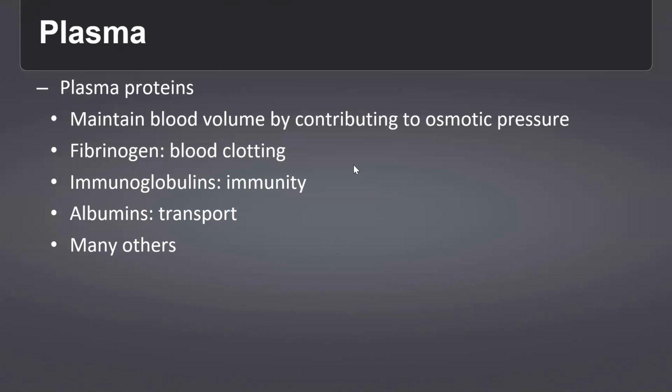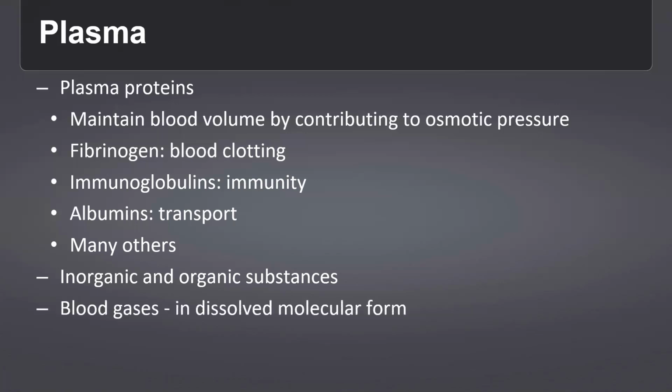Lastly, there are organic and inorganic substances in your plasma, like gases in your blood that dissolve in it, like oxygen as well as carbon dioxide. So that space is blood gases.